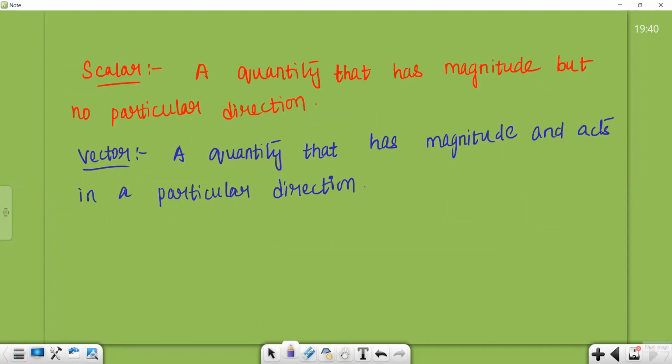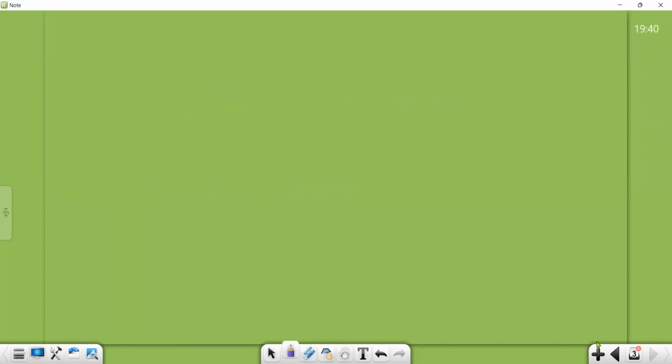Now we will see what is displacement. Distance traveled in a given direction is the displacement.